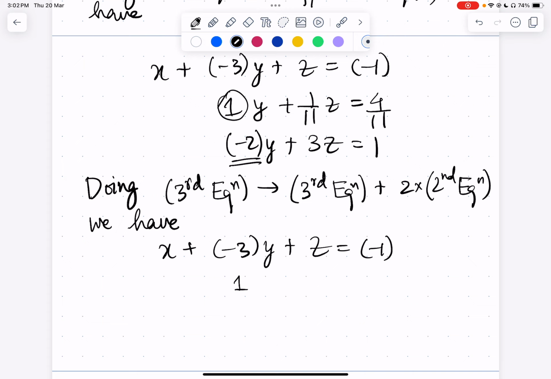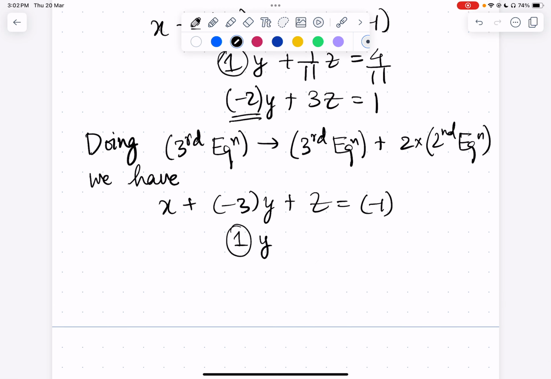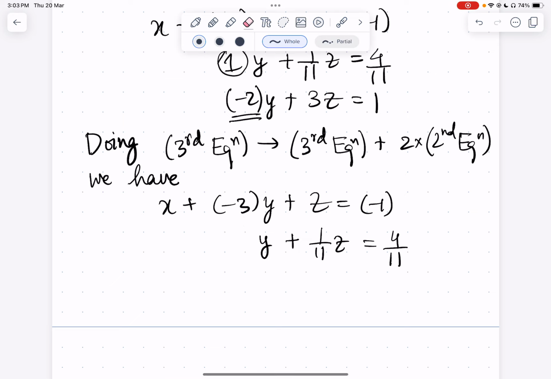This 1y, so we have 1y plus 1 by 11 z equals 4 by 11. I'll not emphasize the 1 here now because we have used the 1.